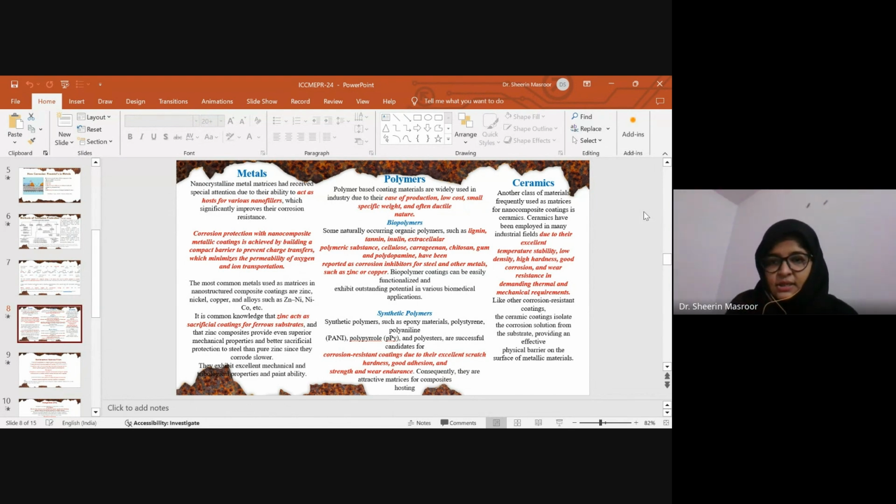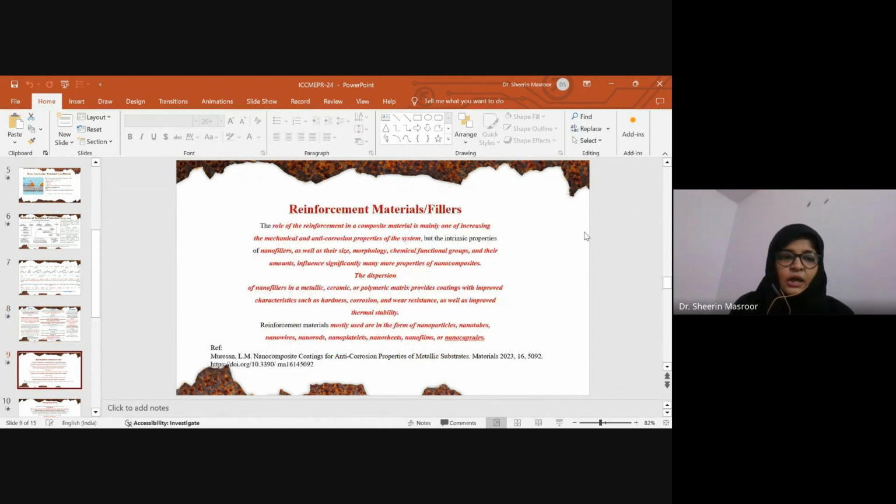The next one is ceramics. Ceramics are another class used as matrices, employed in the industrial field due to their excellent temperature stability, low density, high hardness, and good corrosion and wear resistance, depending upon the thermal and mechanical requirements. Those were some of the matrices used in nanocomposite coating.